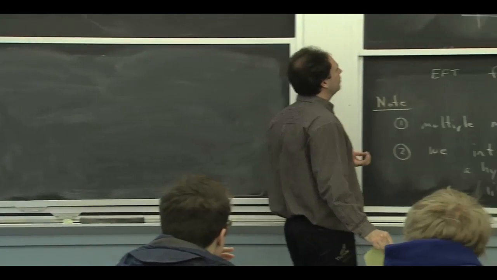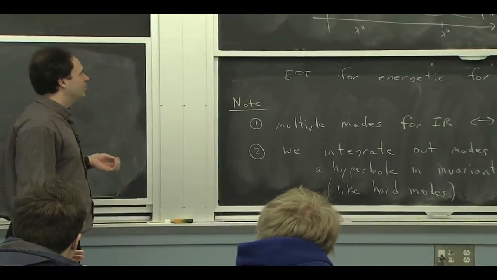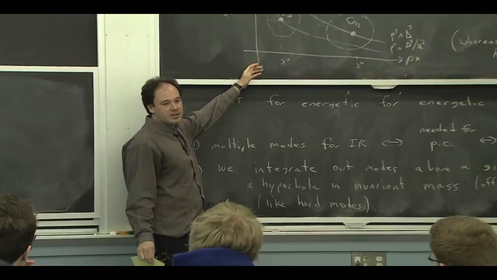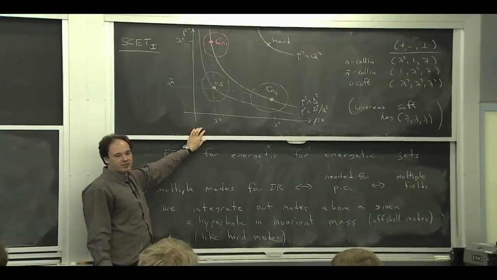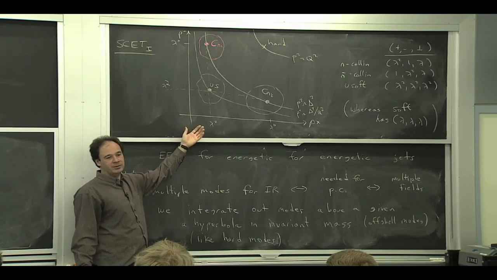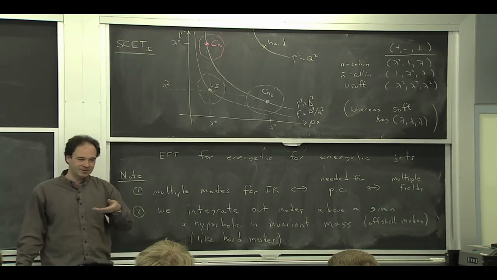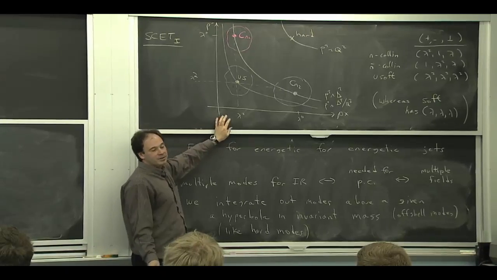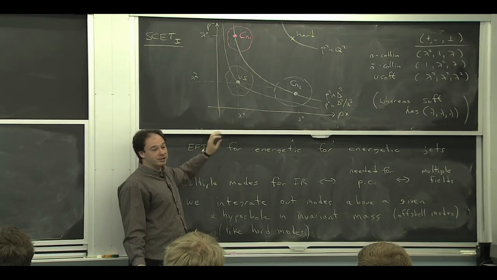So I take the following attitude towards that question. You should attack it from all sides. One is that you should really physically think about what the modes are doing and have a physical description of why those modes are relevant for your effective field theory. After all, your effective field theory is supposed to be a description of nature and infrared physics. So there should be something physical associated to what those modes are doing.